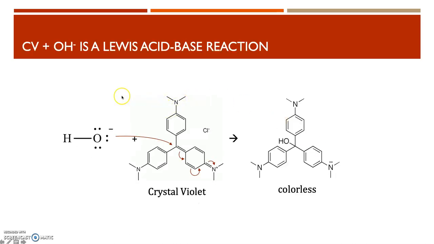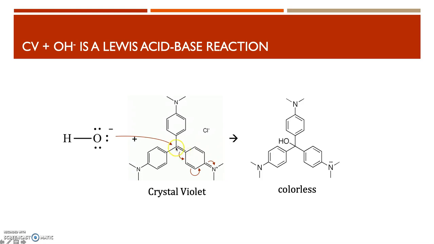So in the last module that we did with crystal violet and hydroxide, hydroxide was actually that Lewis base, the nucleophile that's looking for a positive charge or some place to put one of its extra pairs of electrons. So it's going to share with crystal violet this carbon that's in the center.